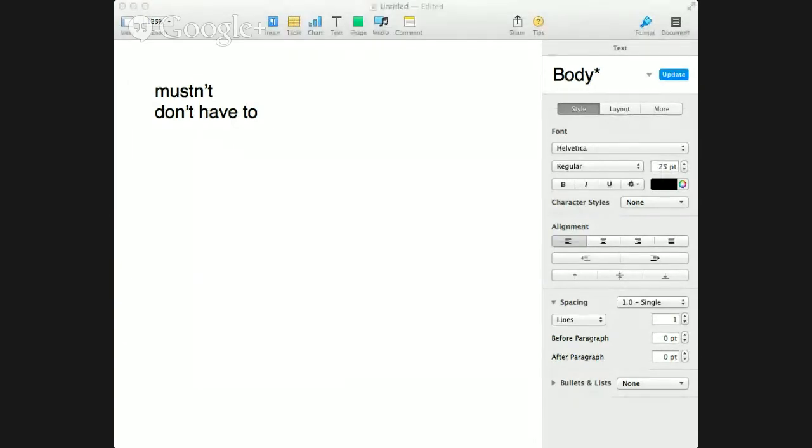All right, guys. So we're going to go on to the opposites. Mustn't or don't have to. And you would think that this would be straightforward, but weirdly it's not. So I'm going to give you another sentence. I want you to tell me which one is correct and which one is incorrect.